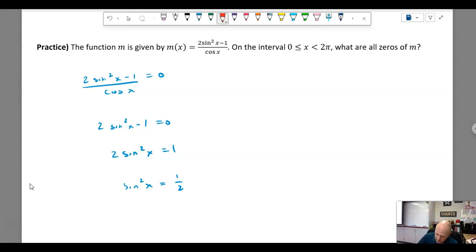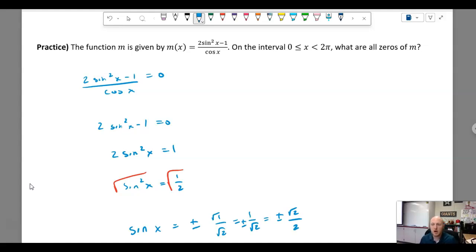Here, maybe you ran into some issues. What you should do is take a square root of both sides. This gives you sine of x equals plus or minus. Don't forget the plus or minus. You have the square root of 1 over the square root of 2, which is plus or minus 1 over the square root of 2. If we rationalize, we get plus or minus the square root of 2 over 2. If you need to pause me and fix any errors and come up with new solution values, please do that now.